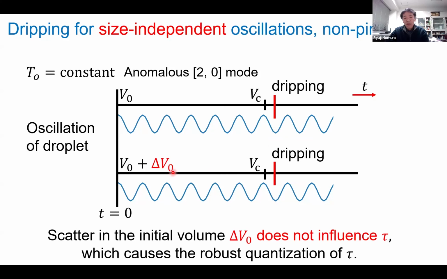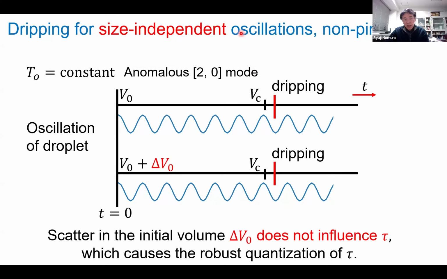In another case, we may have a scatter in the initial volume. But this trajectory is exactly the same as the case above because it has a volume-independent oscillation. So around here, it's stretched and pinched off at exactly the same timing as the upper case, due to this volume-independent oscillation period.